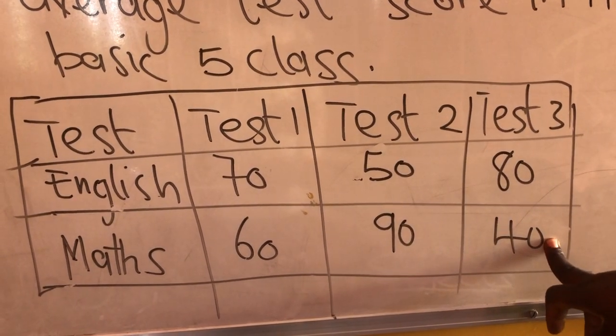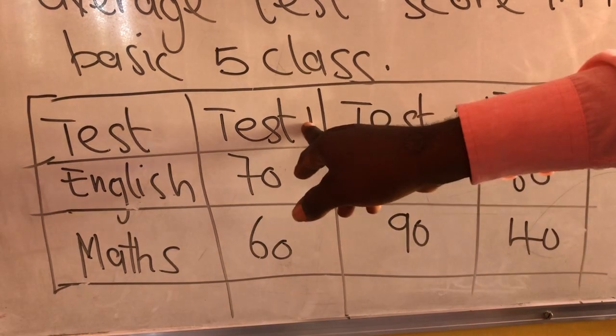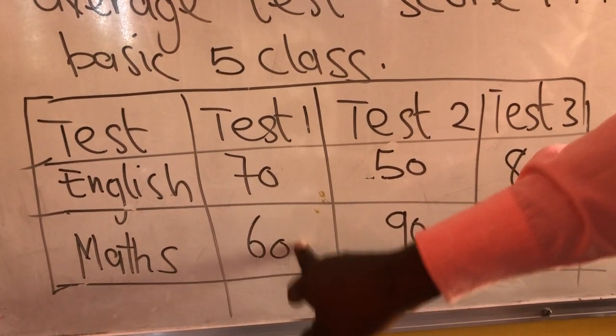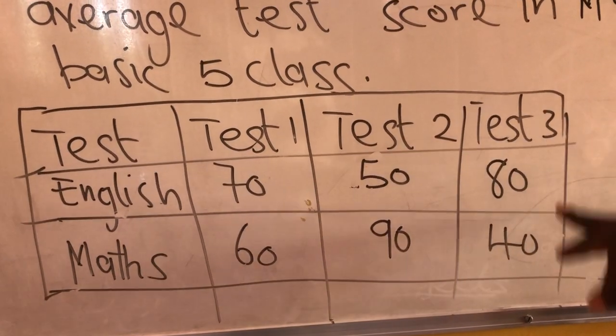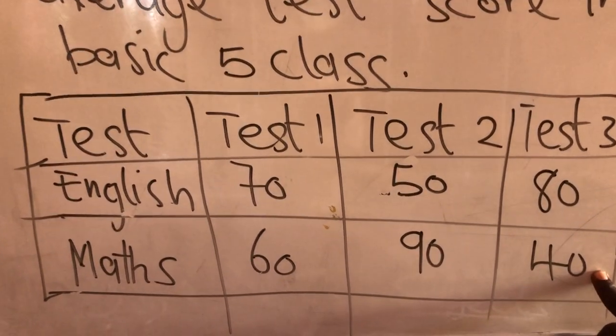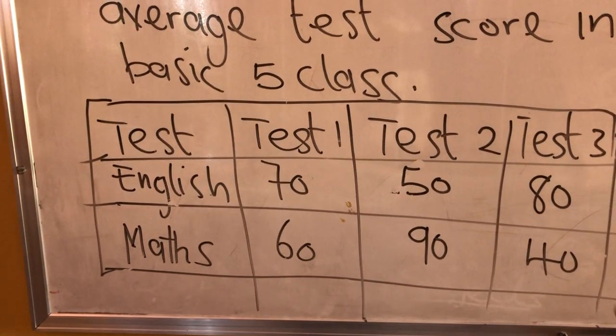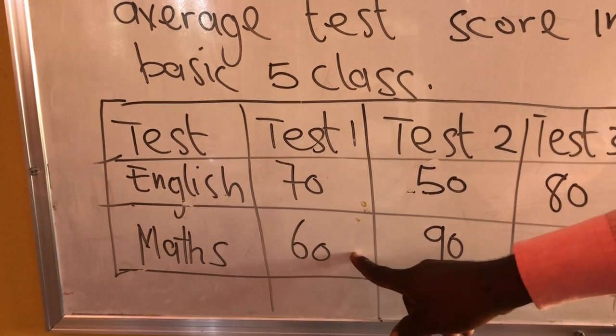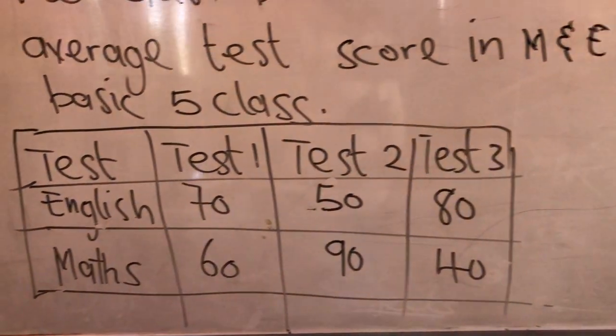The lowest figure here is 40. And then test 1 is 60. Have you seen that? Test 1 is 60 and test 3 is 40. So we are going to subtract the lowest one from the highest one. Difference means subtraction.